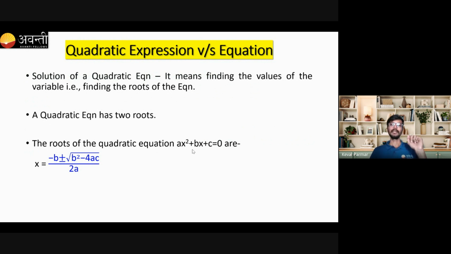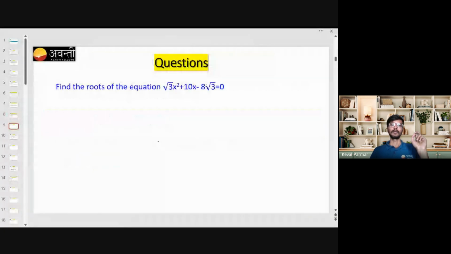If the quadratic equation is ax square plus bx plus c equals 0, then the roots are x equals minus b plus or minus root of b square minus 4ac upon 2a. I hope you know this formula. Correct? So let's try it out here.